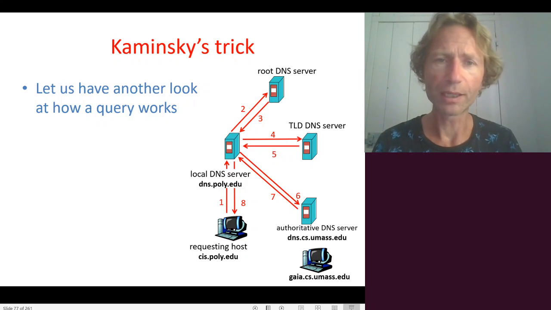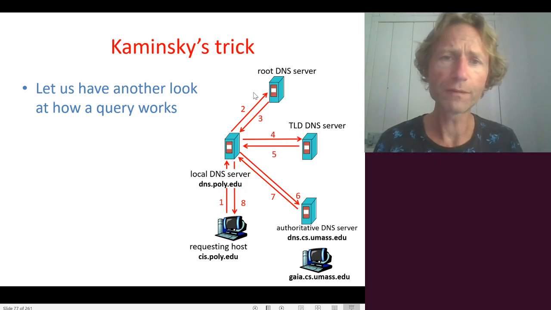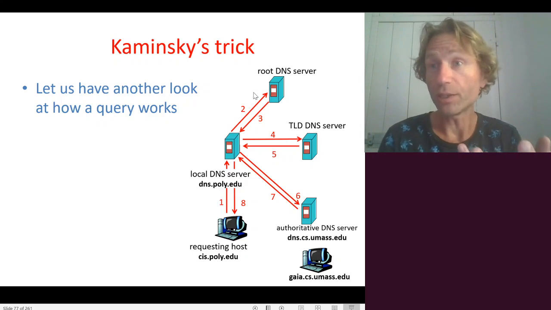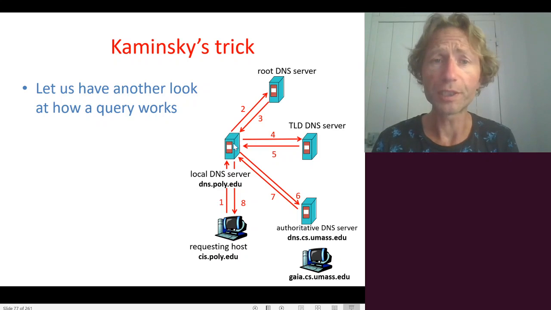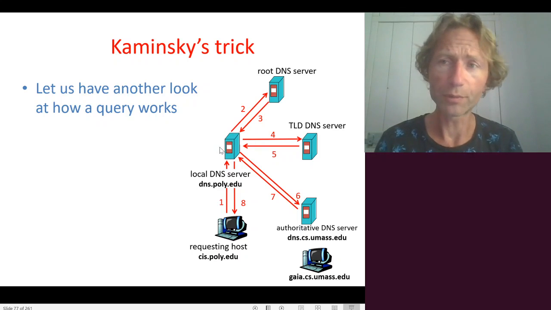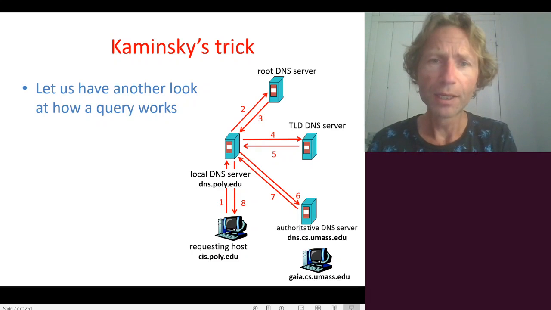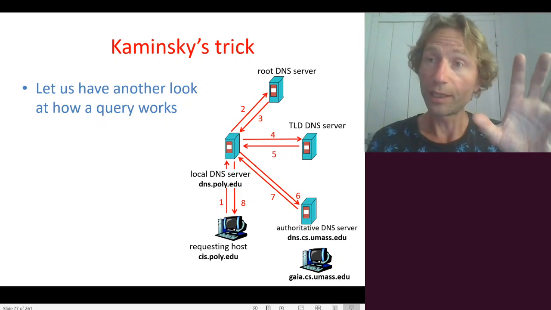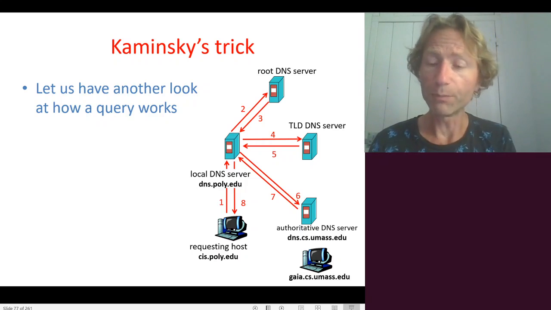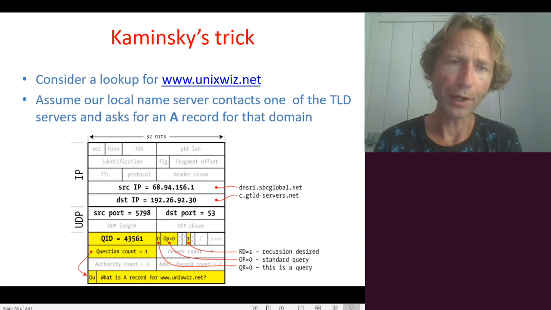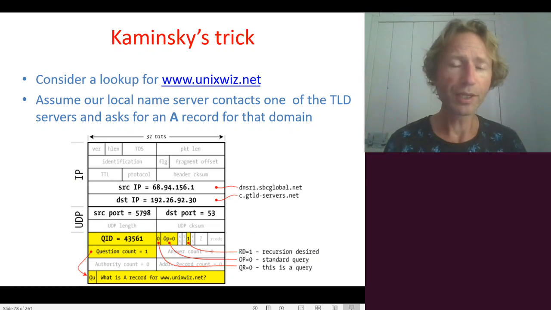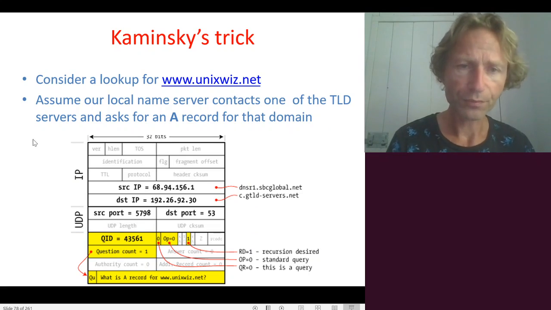And what we want to make use of is that we again do the spoofing and poison an entry, for instance, in a local name server, but now for an entire domain. To understand the details, we have to look at the DNS packets in more detail, what they look like on the wire.